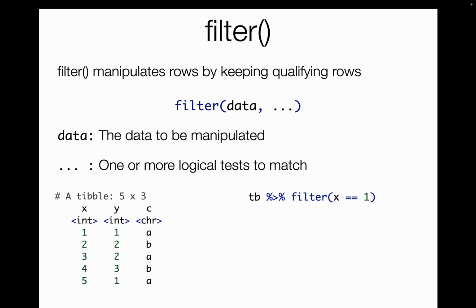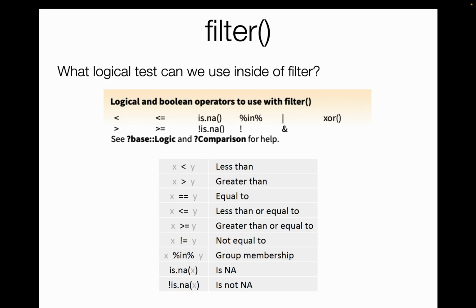Only 1, and only the first row. So it's going to filter and pull out the first row. Okay, hopefully that makes sense. Okay, here are all the logical tests that you can use inside of filter: less than, greater than, equal to, less than or equal to, so on and so forth. We'll use a varying number of these as we go throughout the course.